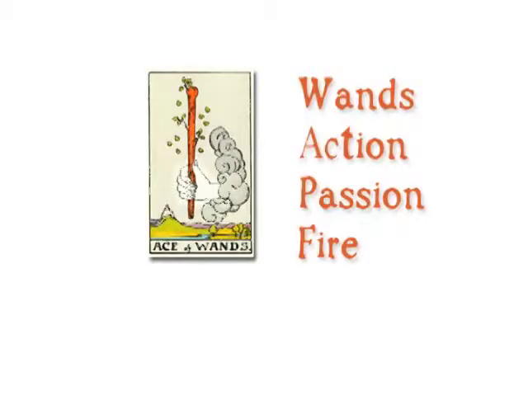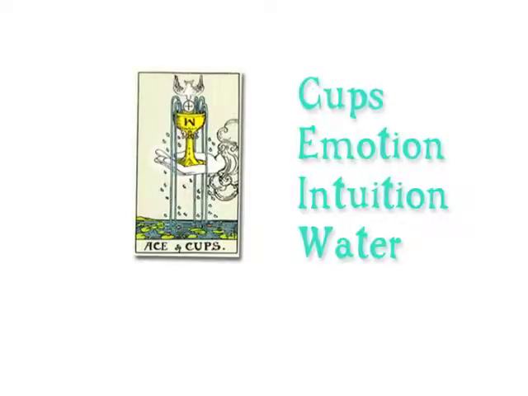Okay. So the way I would read the tarot from my tradition would be that wands are fire, and that is action and passion. Cups are water, which is emotion and intuition or spirituality, although all these can be spiritual.